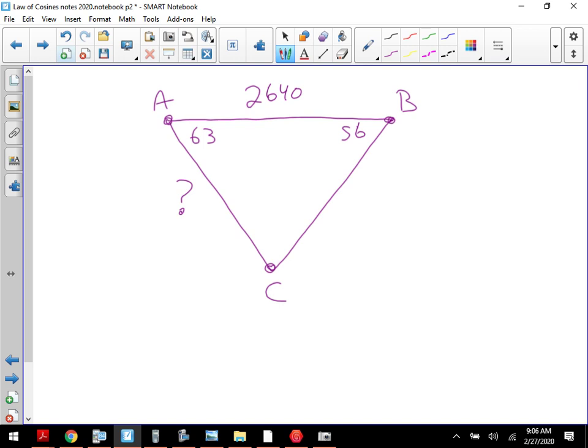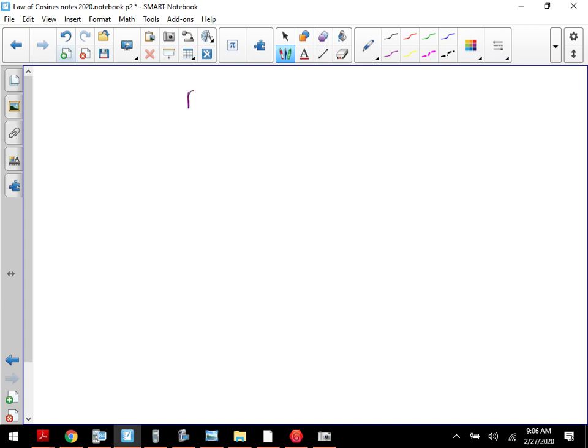Number 5. Do you guys know what it means by due south? Okay. So down, yeah, if you think of it that way. On a compass is this. So if it says that on a map, Orlando is 178 due south of Niagara Falls, well, this would be Niagara Falls.